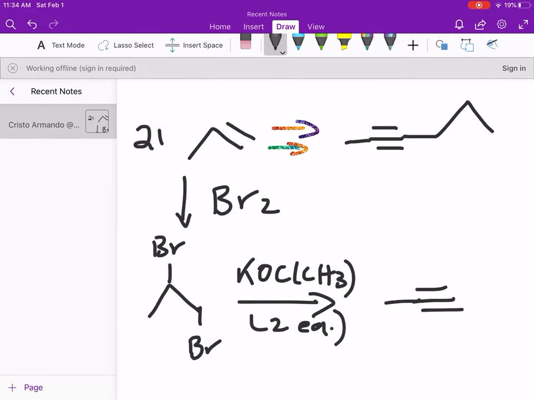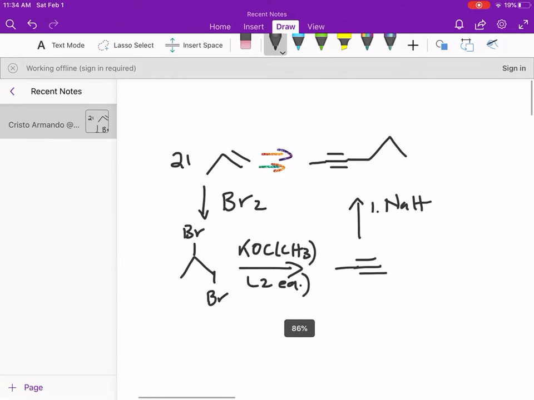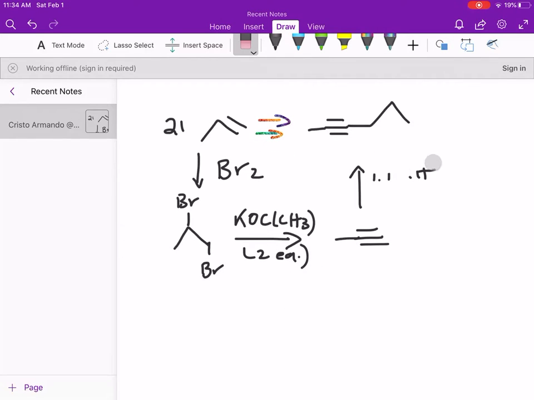And we can just do NaH or NaNH2 to give us an acetylide anion. So actually, let me draw this out. I'd rather draw it out. NaH, we're going to have an acetylide anion.